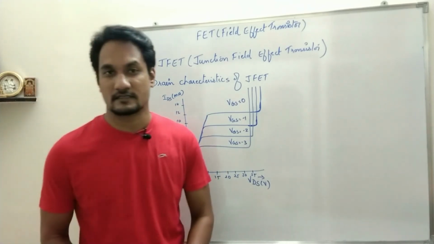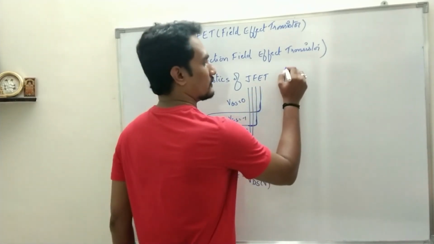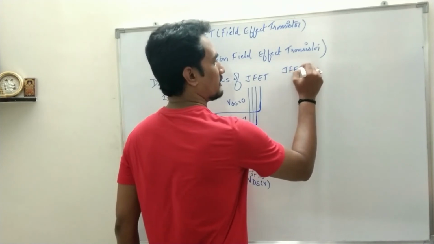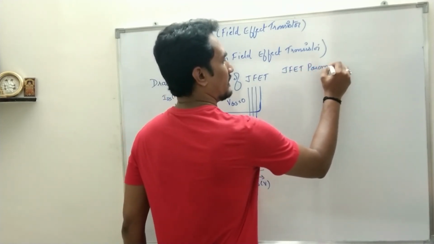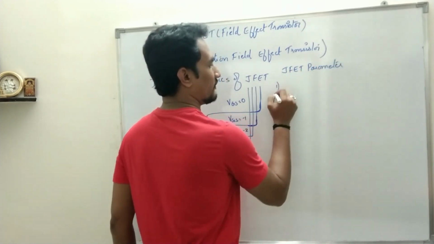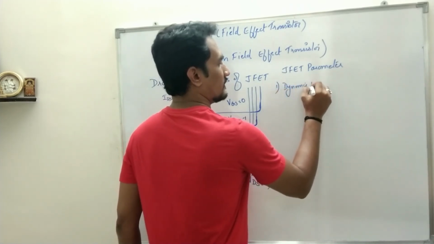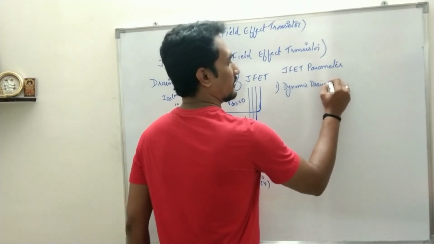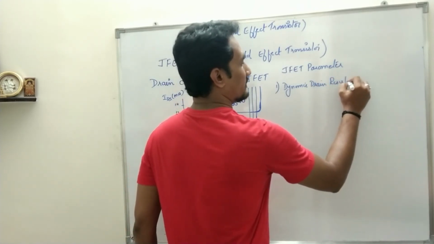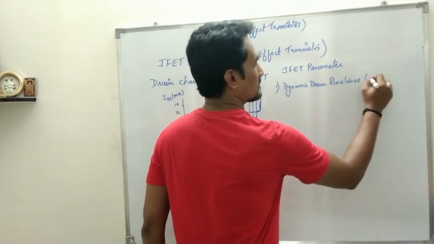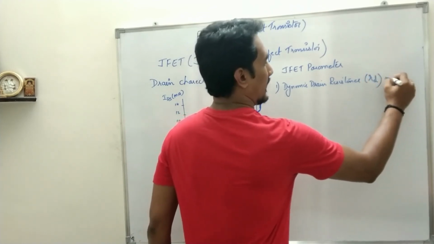Now let us try to understand the important parameters of JFET on the basis of the drain characteristics of JFET. First is the dynamic drain resistance, specified by RD.